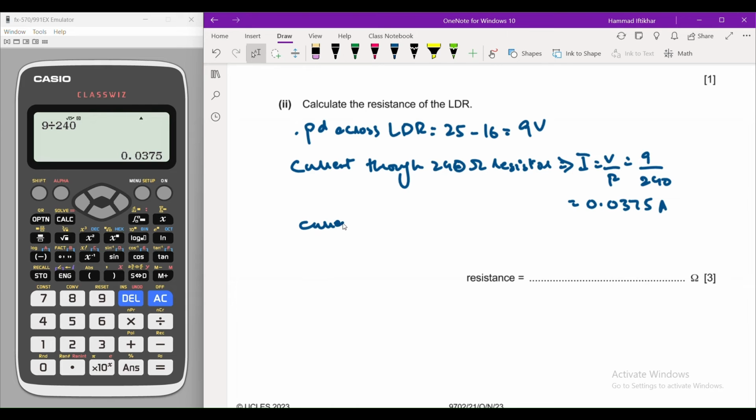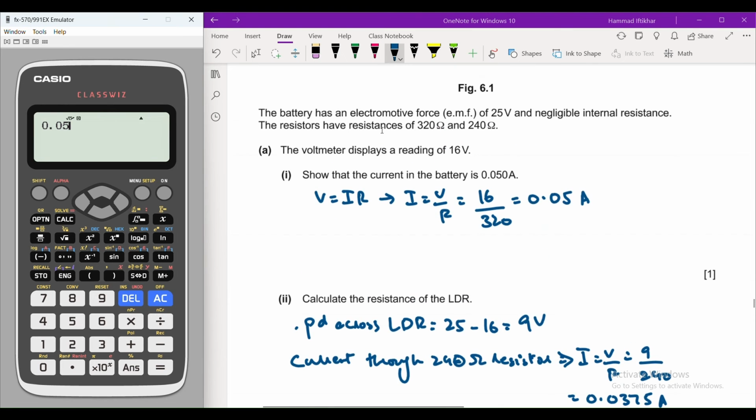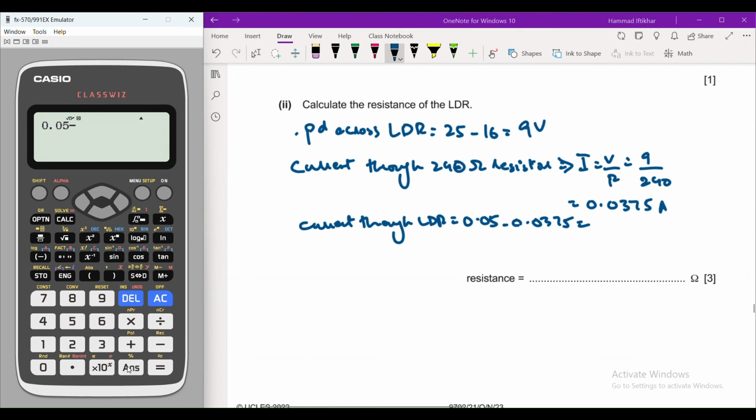So the current through the LDR is equal to 0.05 minus 0.0375, which is 0.0125.